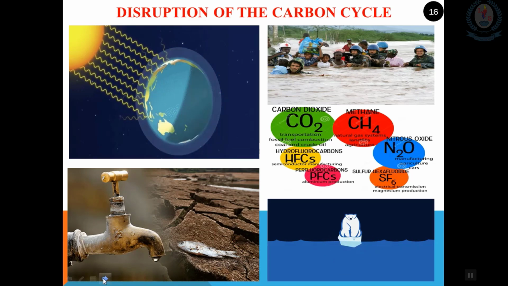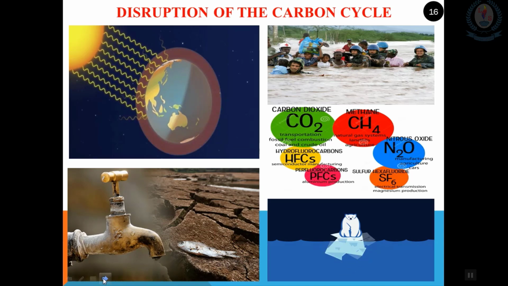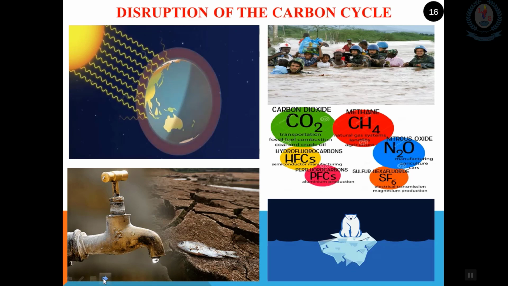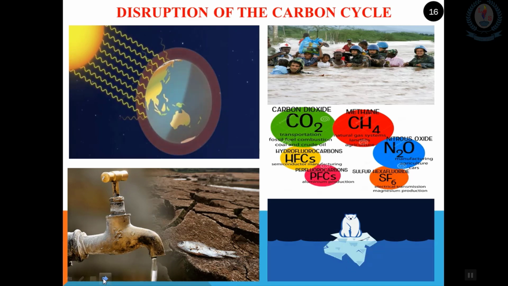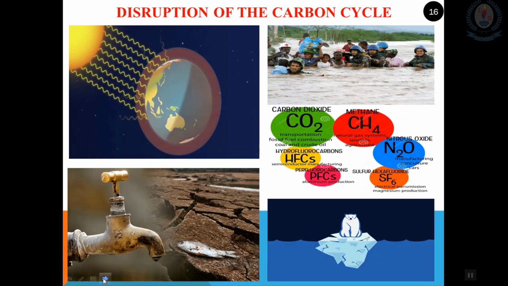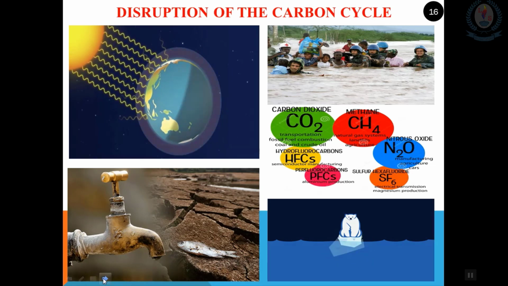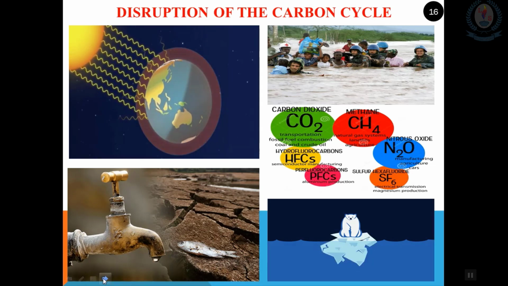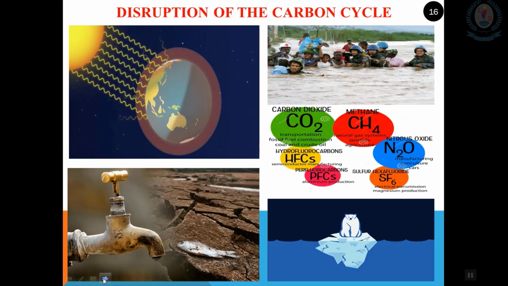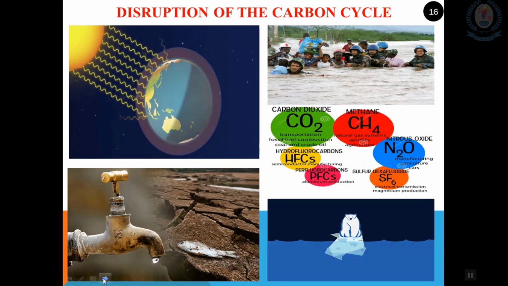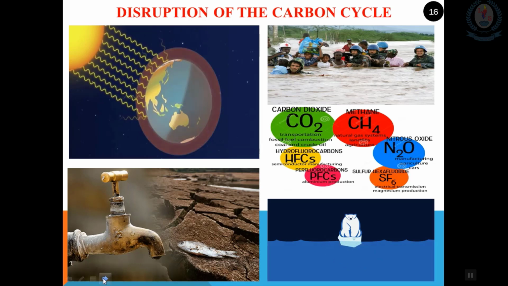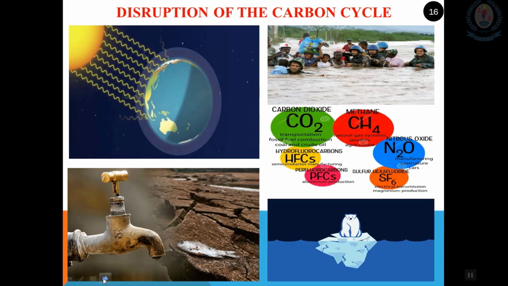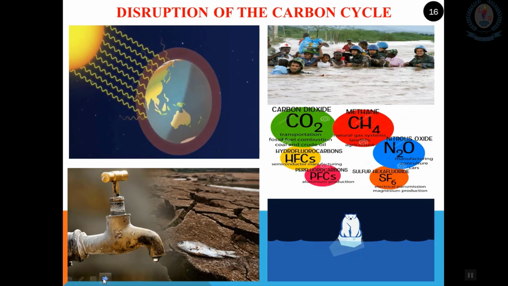They allow short wavelength visible light to reach Earth's surface, but they impede the escape of longer IR wavelengths back into space, trapping much of the energy as heat. In short, greenhouse gases foster the accumulation of heat in the lower atmosphere, a process known as the greenhouse effect.